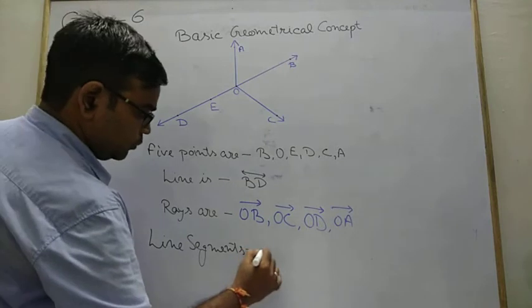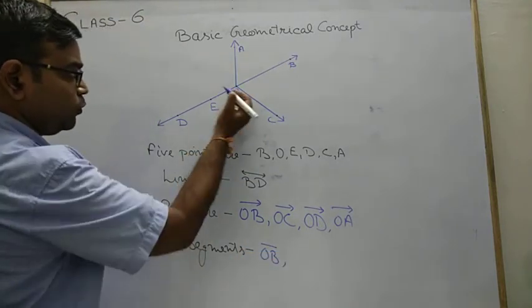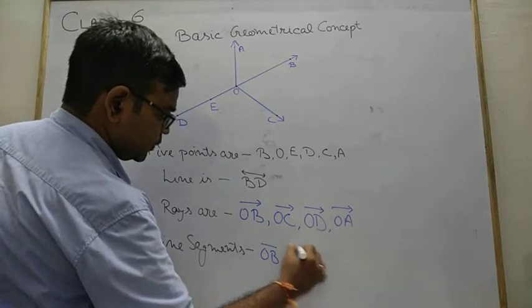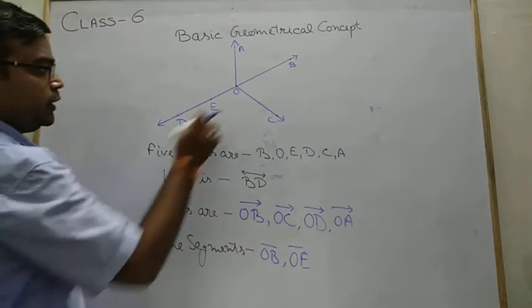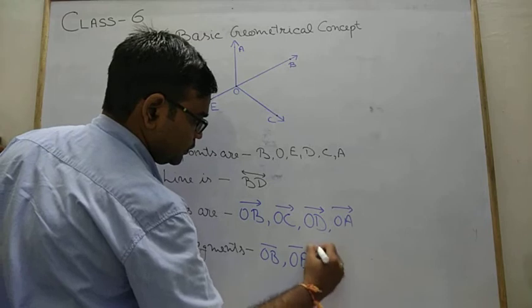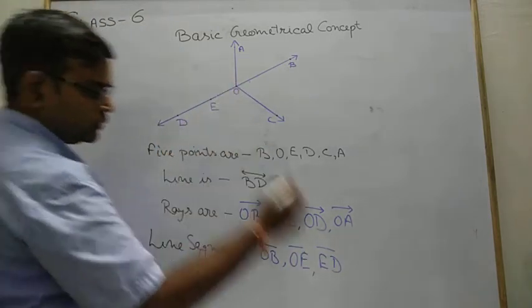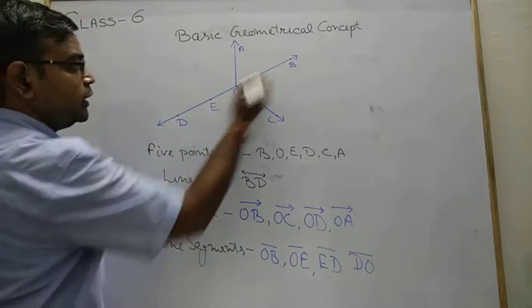So we can write down OB as a line segment. First part. Second, OE. Sorry, OE. Then ED. Only 3. Okay, you can consider DO also now. We can consider EB also now.